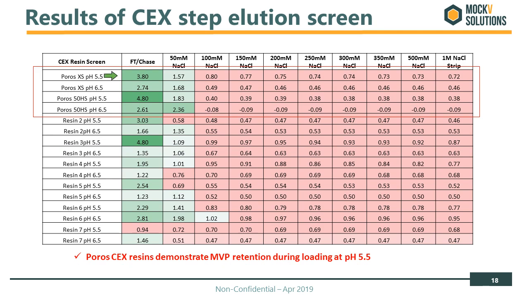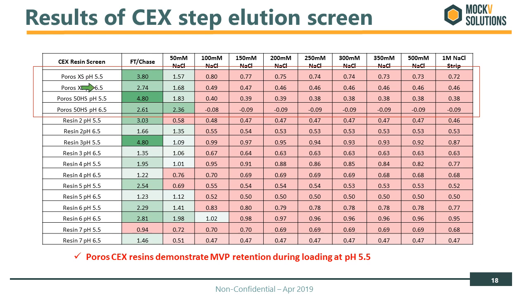On the flip side, we have here data from the cation exchange portion of the study. Cation exchange, of course, is negatively charged. At a lower pH, the MVP has a net positive charge. So what we see here across the resins is a general retention of the particle at the low pH, 5.5 versus 6.5.